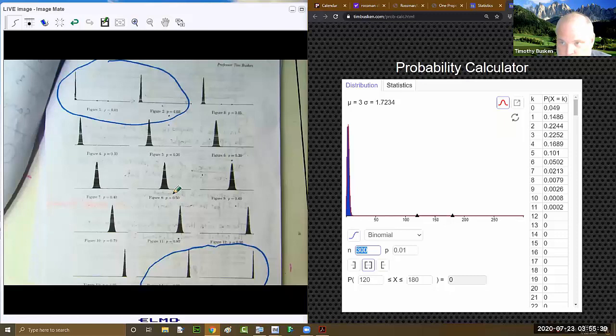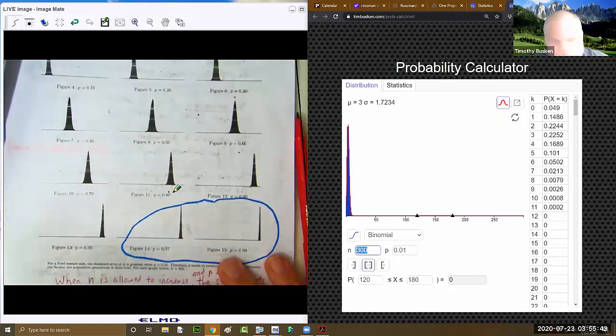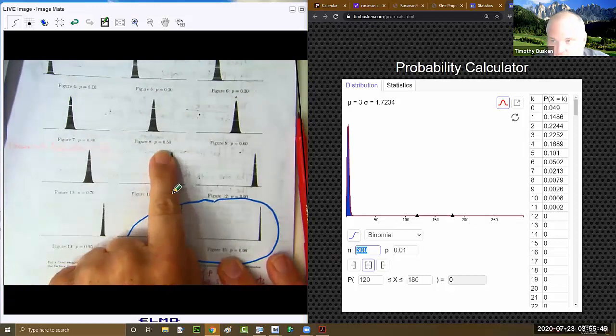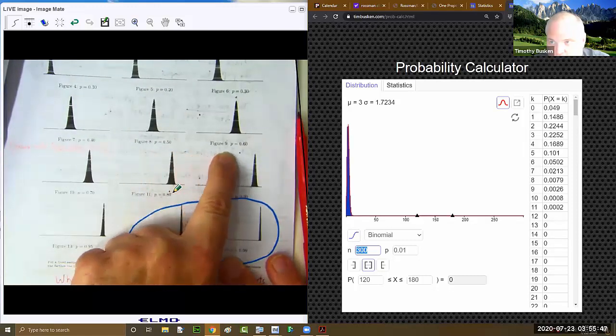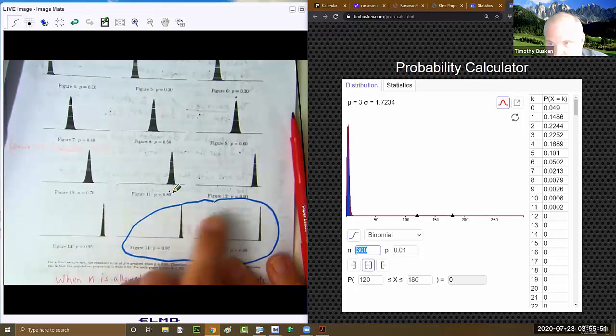And once you keep increasing the value of p from 50%, you're going to see in this sequence of pictures that the graph gets less and less spread out.